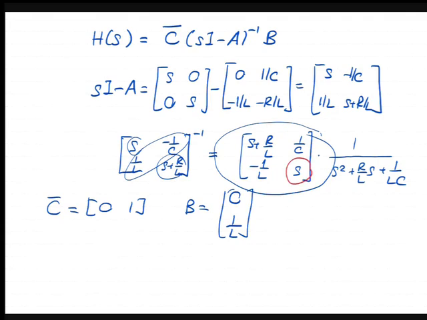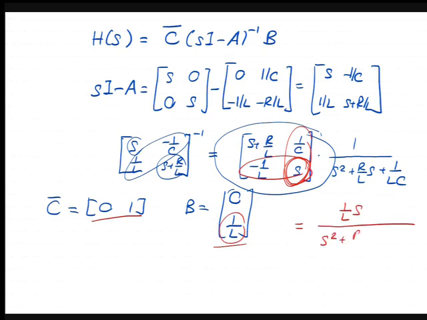This one, because multiplying with this will pick the lower row. Multiplying with this will pick this column, so the intersection is s. And then we have this factor 1 over L. So we get 1 over L s in the numerator and s squared plus R over L s plus 1 over LC.